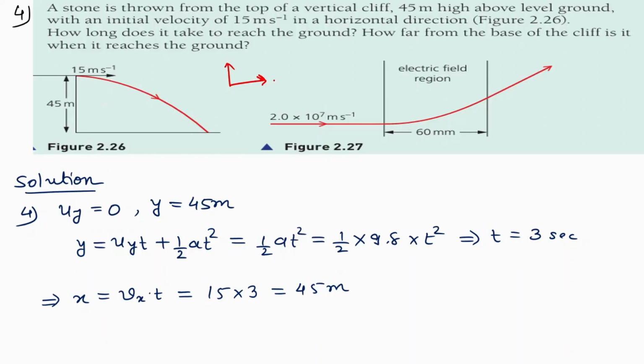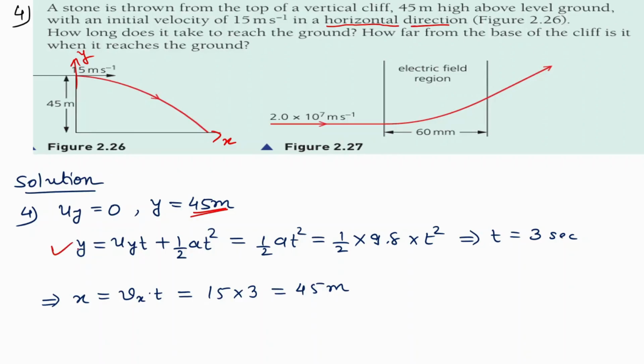Let's suppose I have taken this as the x-axis and this as the y-axis. uy is zero because there is no initial velocity in the vertical direction. Here the question mentions the horizontal direction only. So y, the vertical height, is 45 meters.